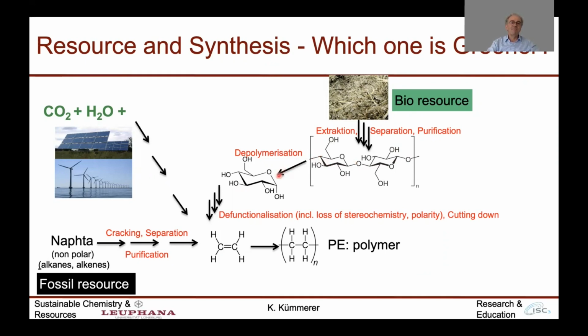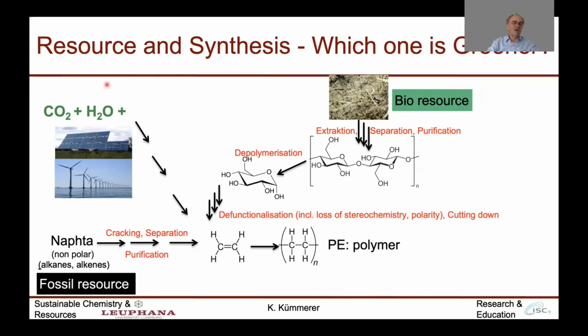And then we need a depolymerization first. And then we have the sugar, glucose, for example, and this we have to defunctionalize because that's a highly polar molecule, lots of hydroxy groups, as you can see here. So we need many, many steps coming from here to ethylene. And each step is a chemical reaction which needs energy, which generates waste.